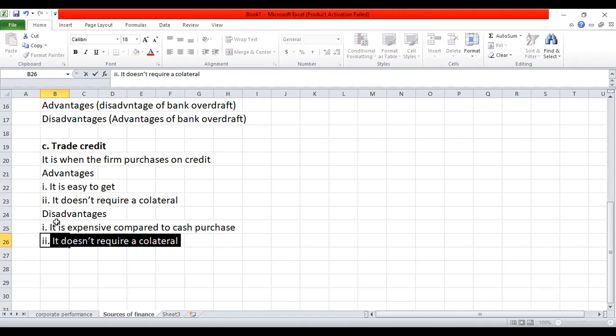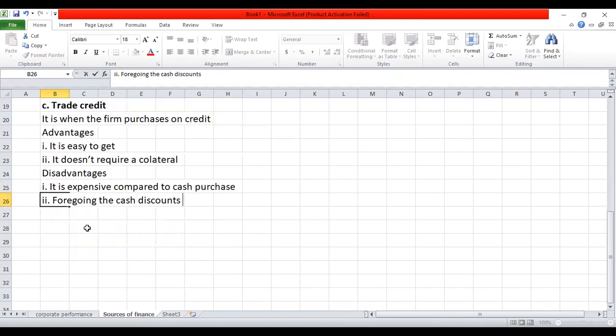There is foregoing of the cash discounts. If you purchase on credit, you're going to forego these cash discounts. And if you compare a cash purchase and a credit purchase, you find that there is always an extra cost when you purchase on credit.